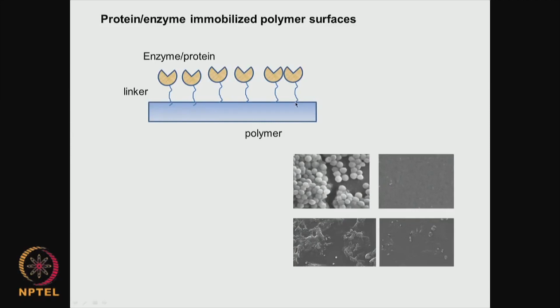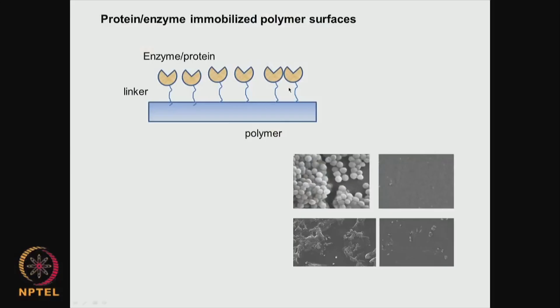The advantage of having this type of design: I have a covalent linkage. So, the surface life will be stable for a very long period of time, unlike the drug eluting, where after a few hours or few weeks the drug will be completely washed out, whereas here I am forming a covalent bond.